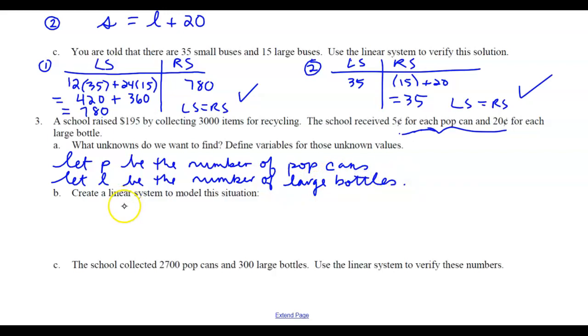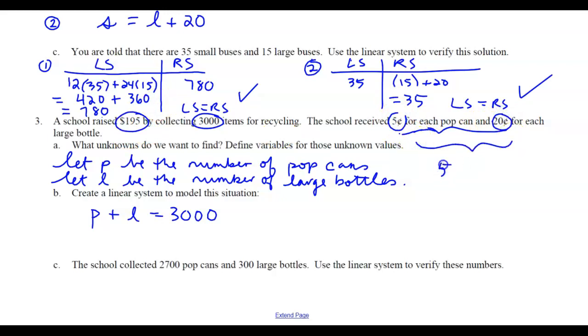Okay, so create a system. So 3,000 items were collected. So that means P plus L is 3,000. Then we want to look at the money. So this is in dollars and these are in cents. So I'm going to convert these to dollars.